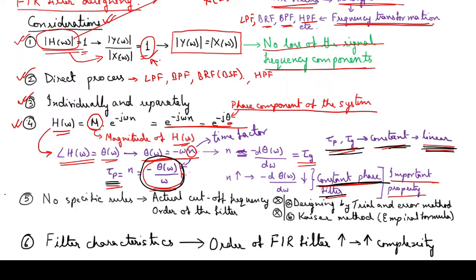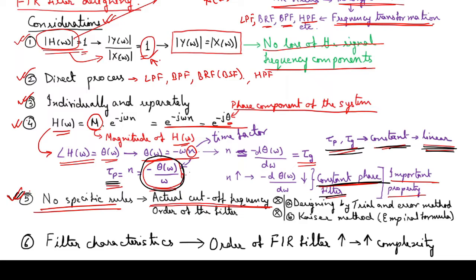Now there are certain disadvantages of this filter. What are these disadvantages? There are no specific rules. While you are starting to design a filter, it is not possible to design a filter with an actual cutoff frequency.